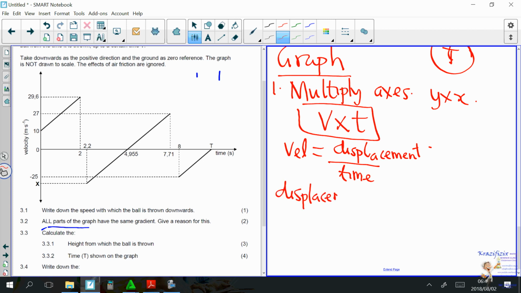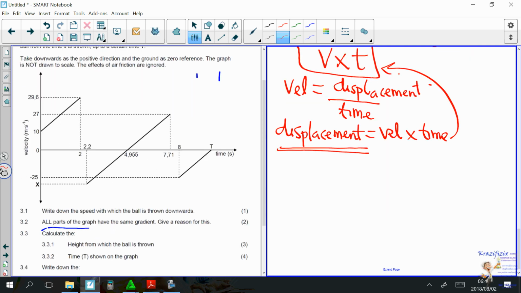Displacement would now be equal to velocity multiplied by time. Oh my God, so it exists. So if we multiply the axes, it does exist. What does this now mean? It means that if the multiplication exists, I find the area of the shape.